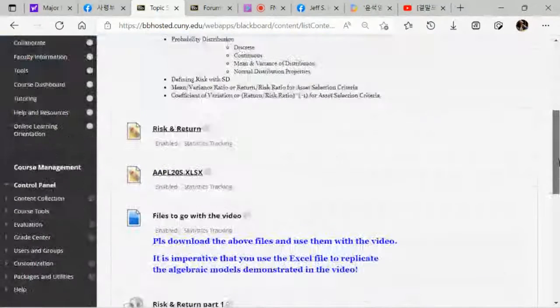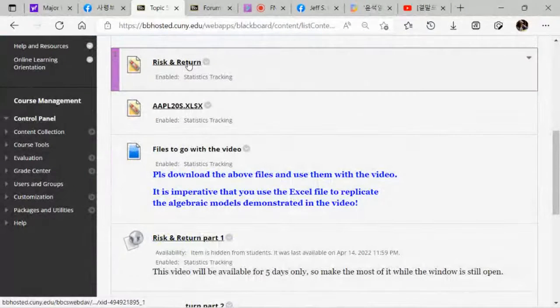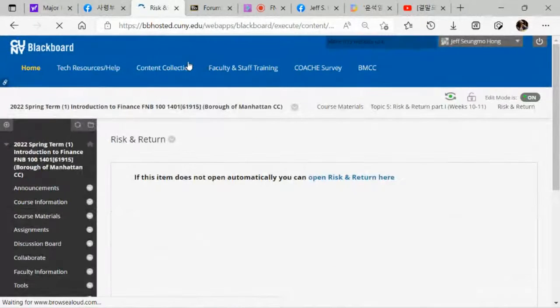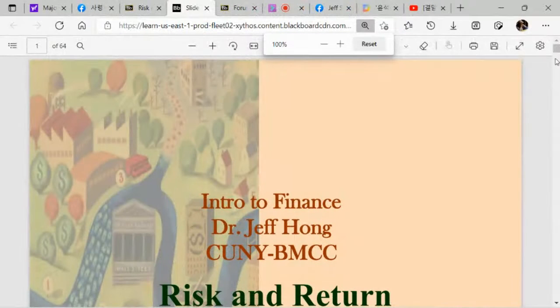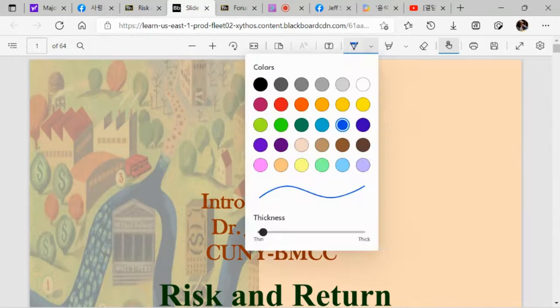So here, we basically already know a lot about what return is, because from topic one, right?